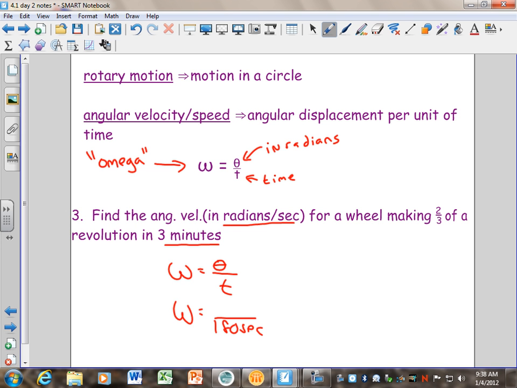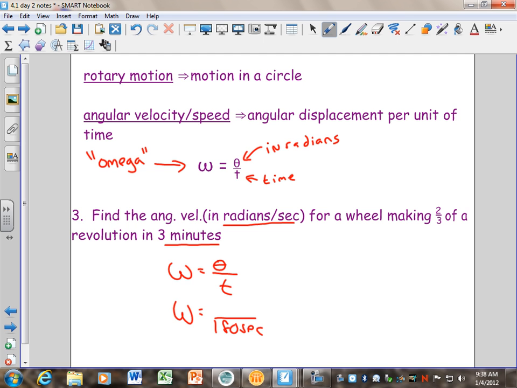There are 360 degrees in one revolution, and there are 2 pi radians in one revolution. So remember yesterday, we took half times 2 pi, and then a quarter of a revolution, we took a fourth times 2 pi.